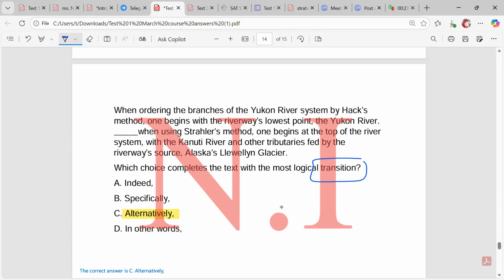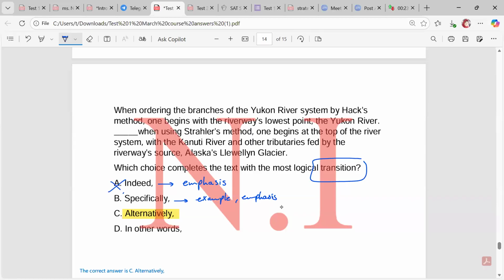And these transitions are divided into 8 groups, or I personally divide them into 8 groups according to the relationships they convey. Some of the transition words convey an emphasis relationship, like indeed.